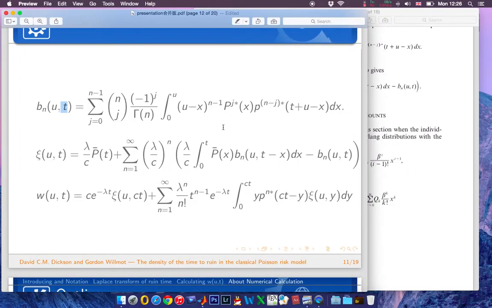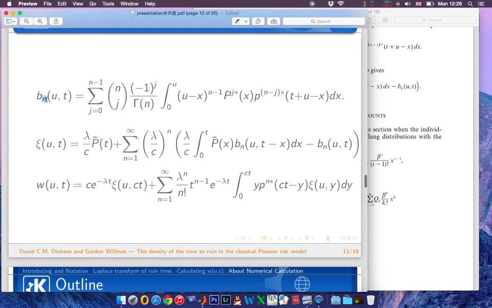Why n in c? Because whenever it asks you to take the convolutions, you come across this parameter j and n minus j. However, in the Bn part, this n is fixed by the c. This n is just the summation part in c here. If you still remember, instead of using an infinity sign here, we use n in c as the largest summation part we are going to approximate.